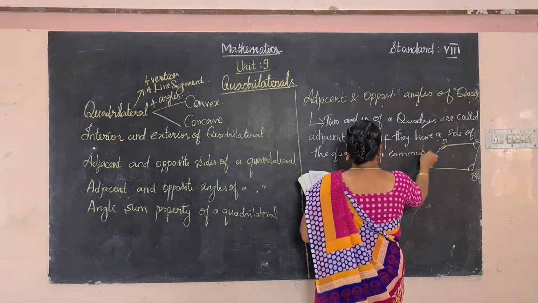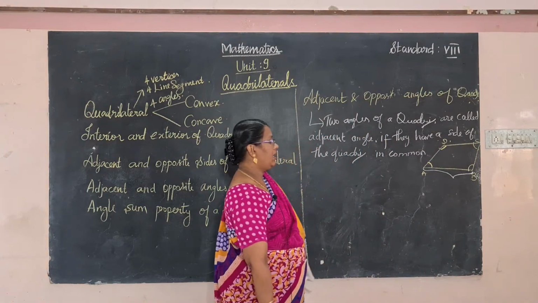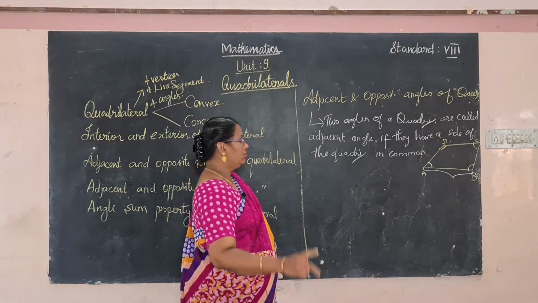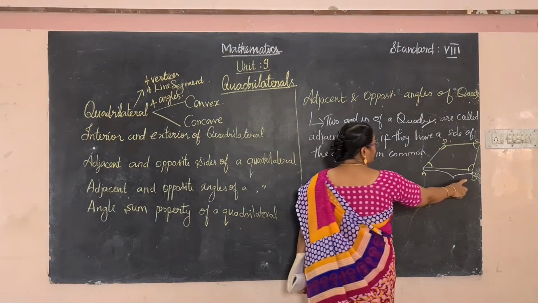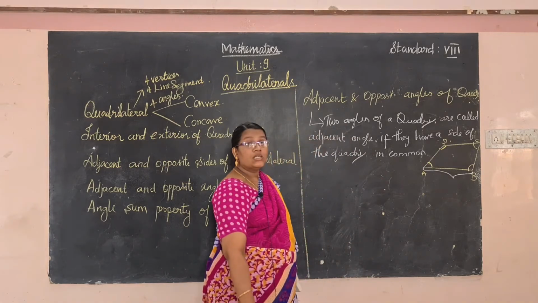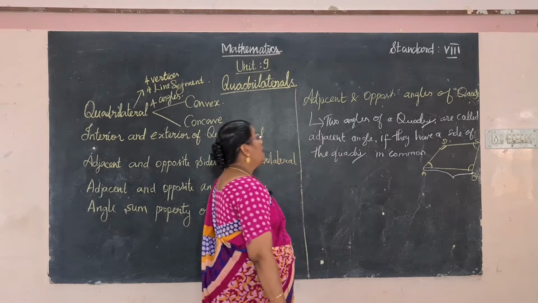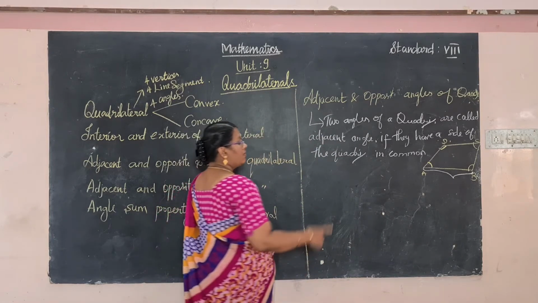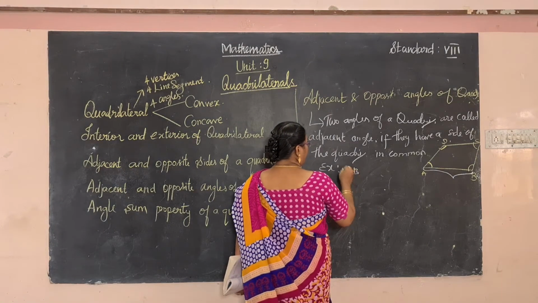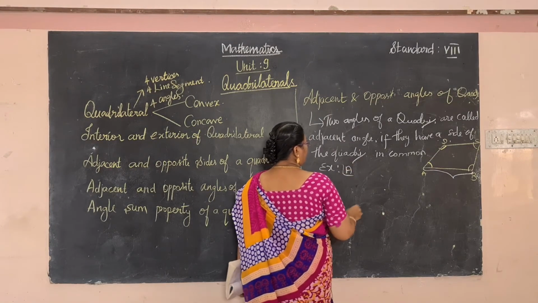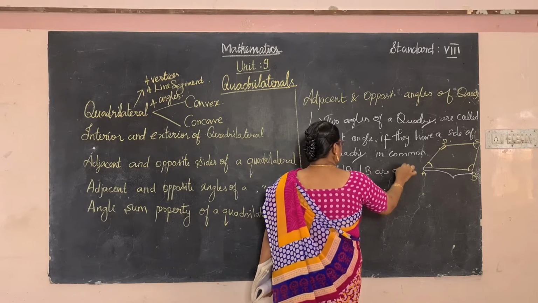Here, the line segment AB has the two angles A and B. So they have a side of the quadrilateral in common, and they are called adjacent angles. From this diagram, angles A and B are adjacent.